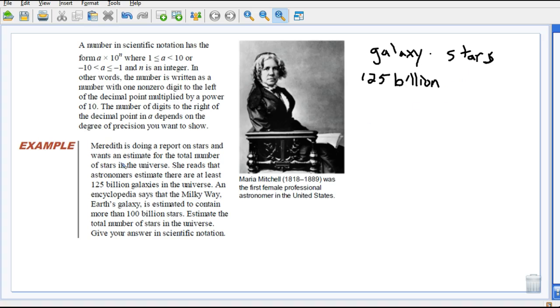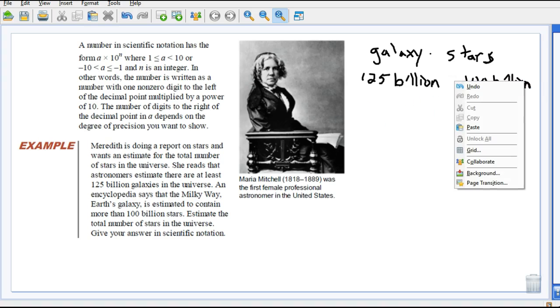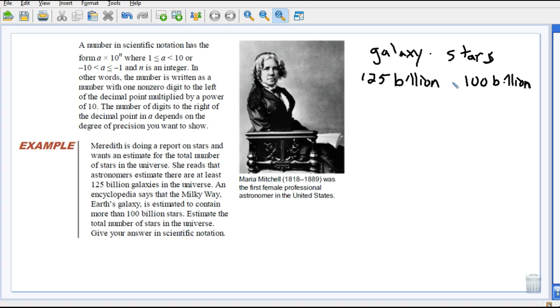Okay, and there are 100 billion stars. We have 100 billion stars, right? So 125 billion galaxies times 100 billion stars will give us the total number of stars in the universe.